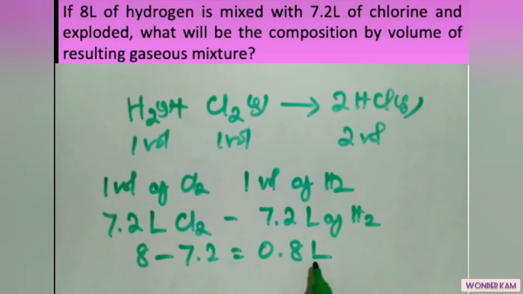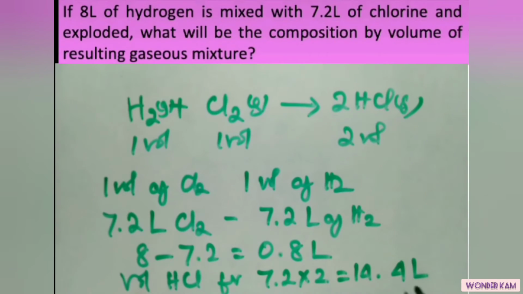So 0.8 liters of hydrogen is left unreacted. The volume of HCl formed would be twice 7.2, which is 14.4 liters. As per our problem, we need to find the resulting gaseous mixture.